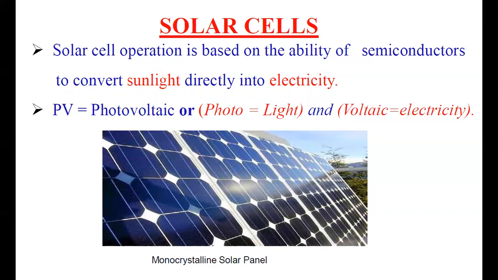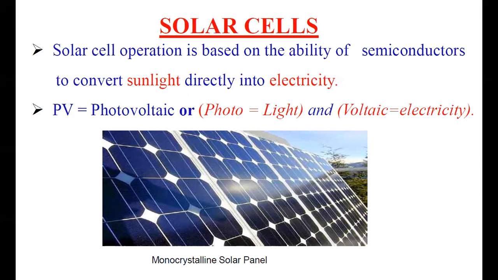So this cell or panel is also known as a photovoltaic cell or photovoltaic panel, simply we can say PV panel. PV means photovoltaic, where photo means light and voltaic is electricity. That is, light energy can be converted into electrical energy by the photovoltaic cell.